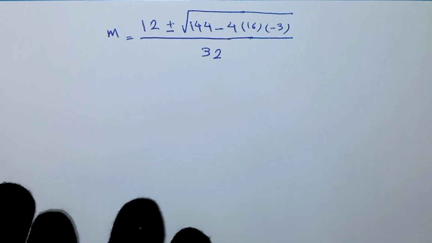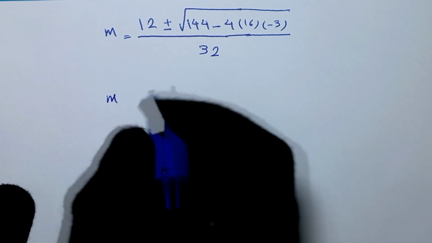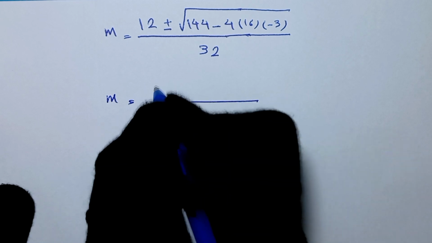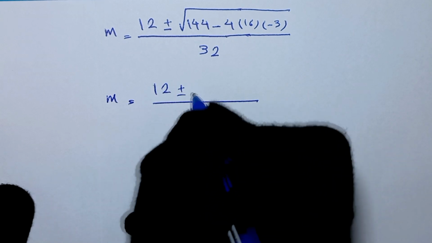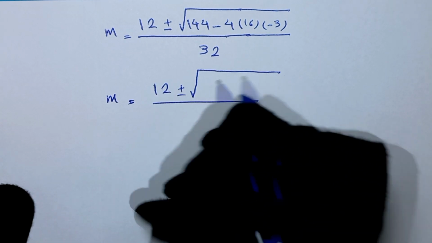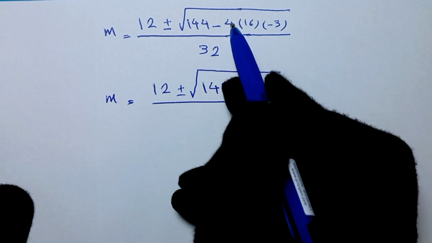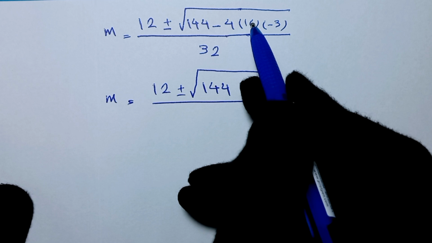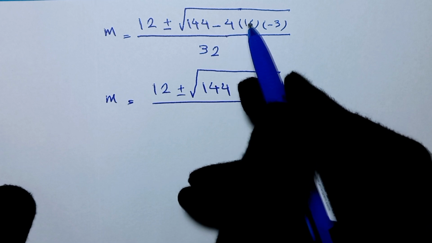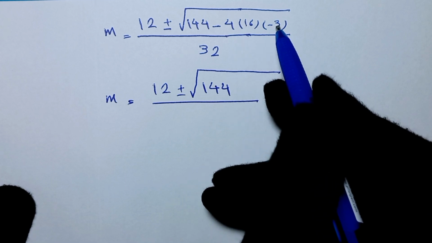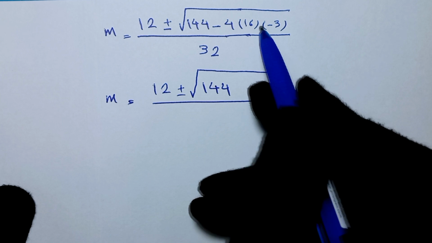And in next step, m is equal to 12 plus or minus square root of 144. 4 times 16 is 64, and 64 times 3 is 192.